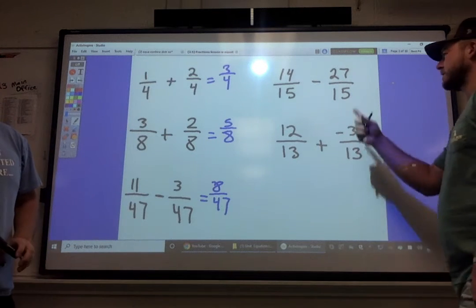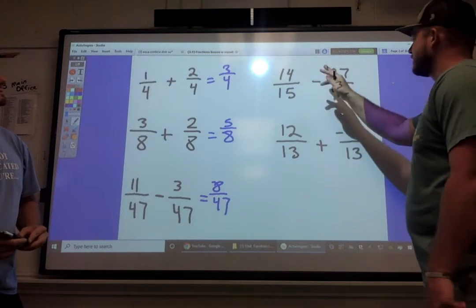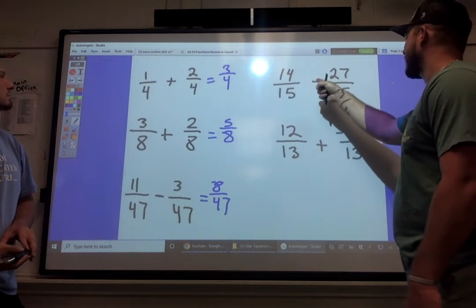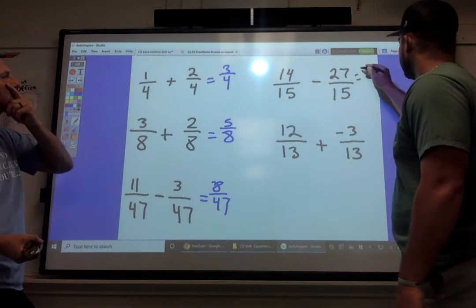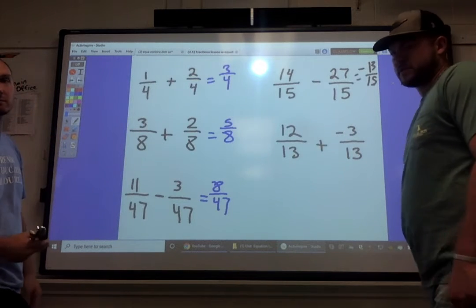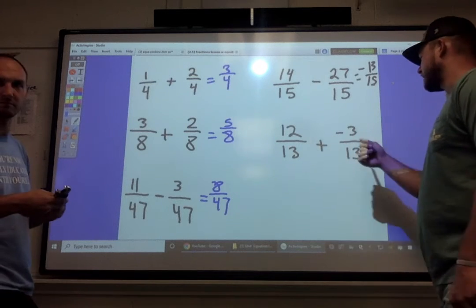Okay, over here, so we've got the same denominators. Now we are subtracting this time, so maybe a little confusing, but don't let it confuse you. Denominators are the same. 14 minus 27, right? So it is a negative 13 over 15. Negative 13/15ths, right? Over here, denominators are the same. Lucky number 13.